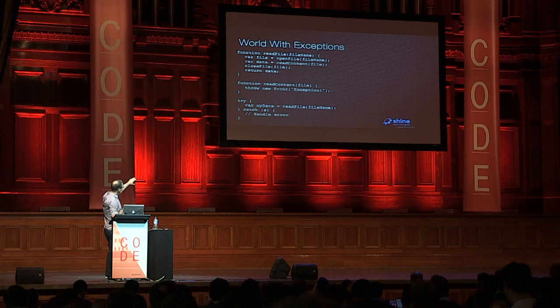And then it will bubble up to the bottom part where we have a try-catch block and could catch the exception and put our error code exactly there. Now, this is the world with exceptions in synchronous code.